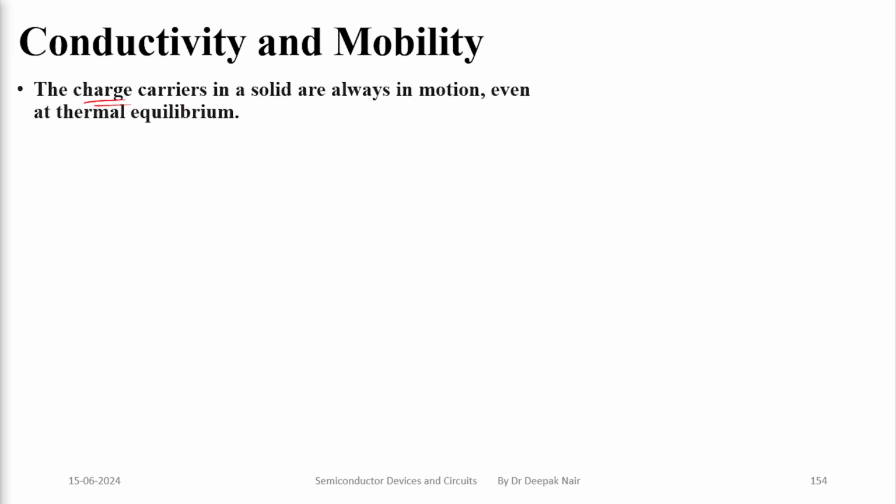The charge carriers in solids are always in motion due to the temperature which is surrounding the semiconductor devices. And these electrons or charge carriers are always in motion even at thermal equilibrium.